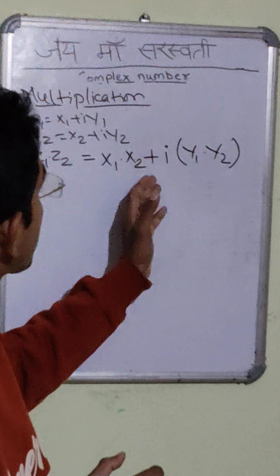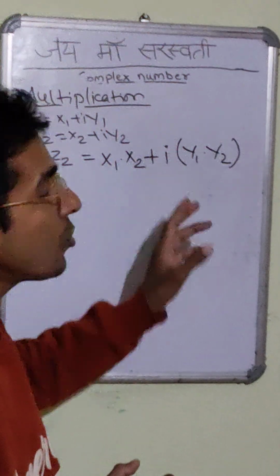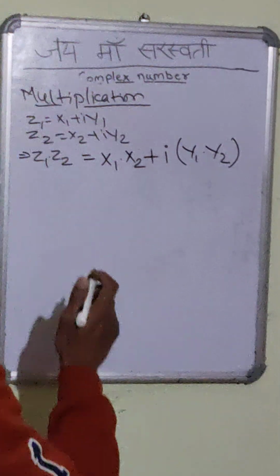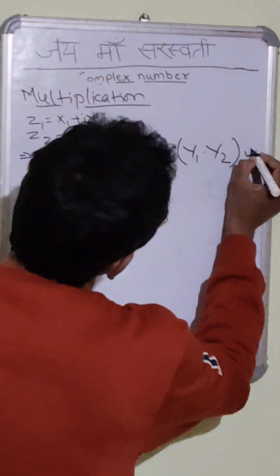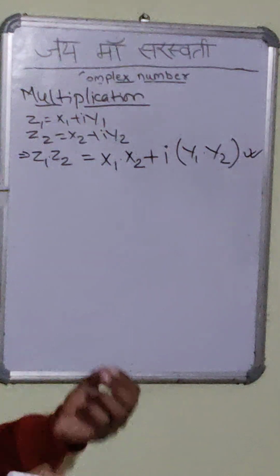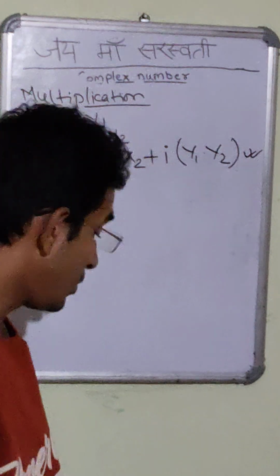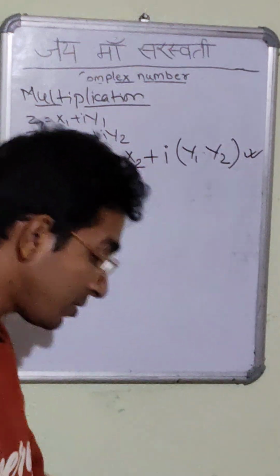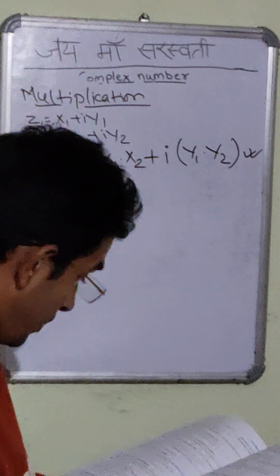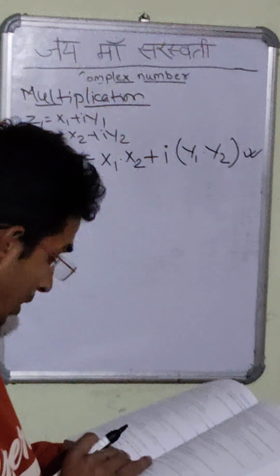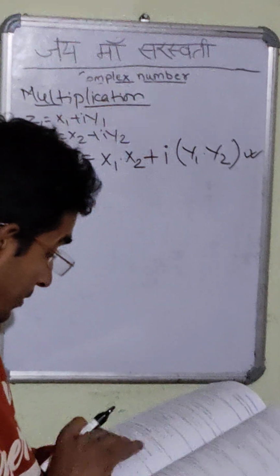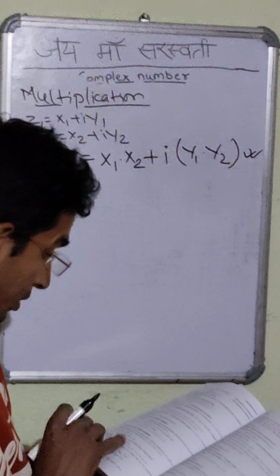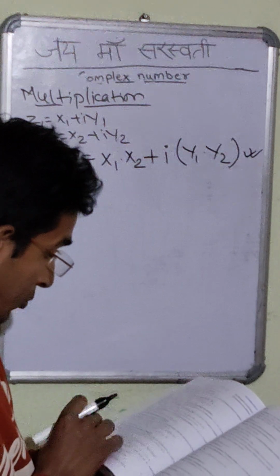We will take i as common, y1 into y2. So that is the basic expression related to the multiplication of complex numbers. We will see one or two examples which will render more transparency.